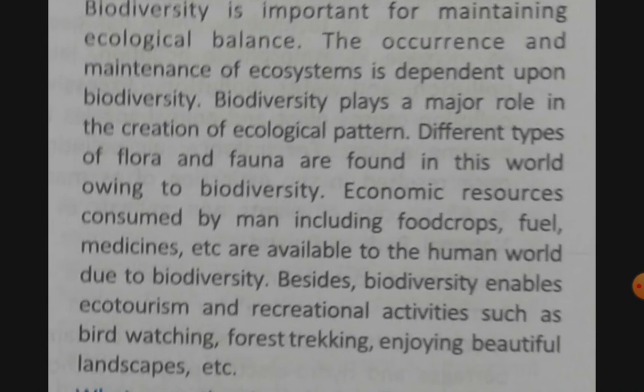Economic resources consumed by man, including food crops, fuel, medicines, etc., are available to the human world due to biodiversity. Besides, biodiversity enables ecotourism and recreational activities such as bird watching, forest trekking, enjoying beautiful landscapes, etc.